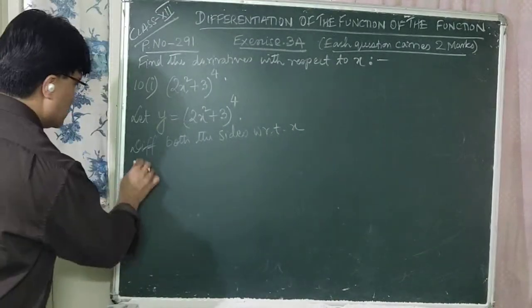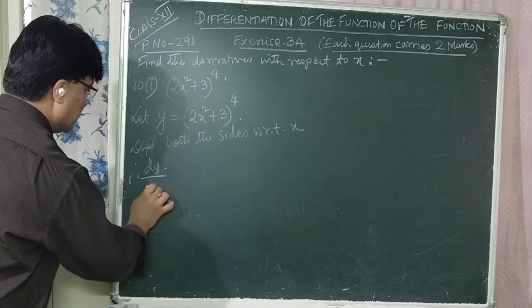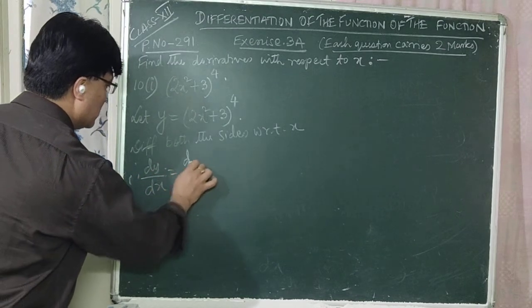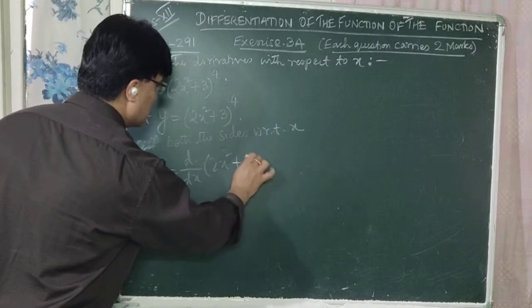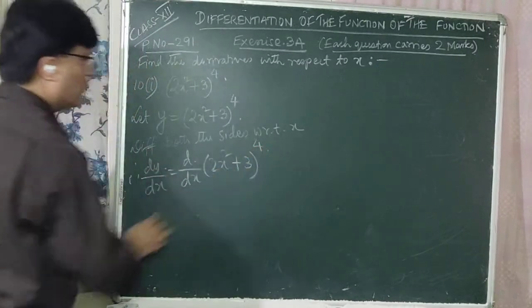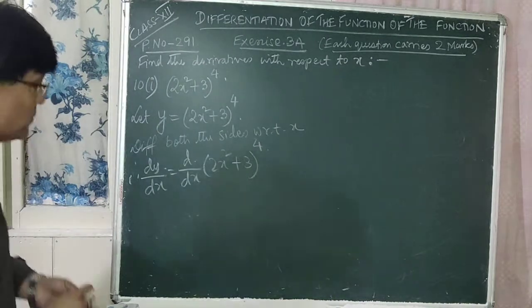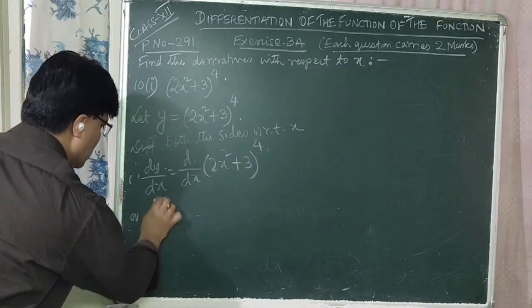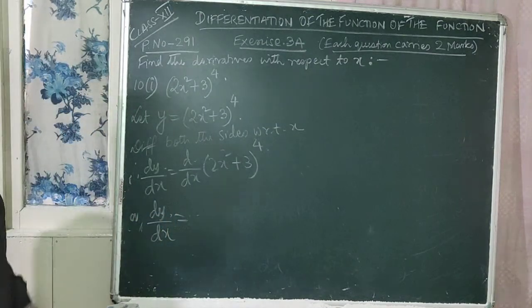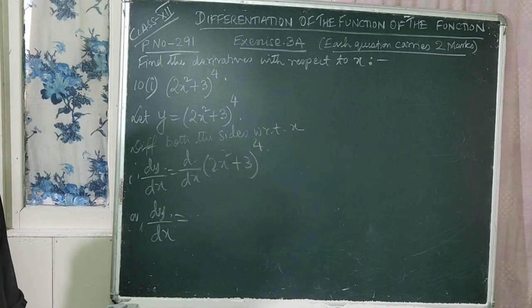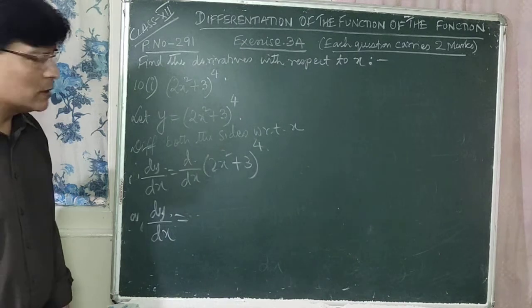So therefore dy/dx = d/dx of (2x² + 3)⁴. Now how will you differentiate it? Which function is taken as x to differentiate it?